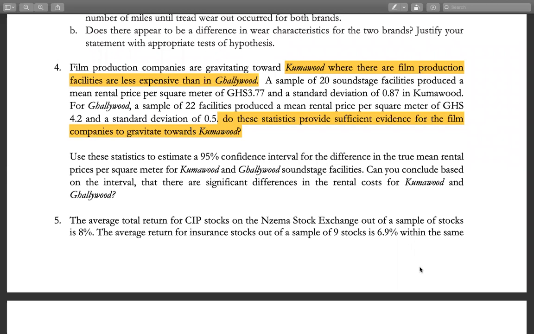Exactly. So that would be the alternate hypothesis. Stating the fact that it's less expensive, so more will go to Kumawood, so it will be more over there at the initial.